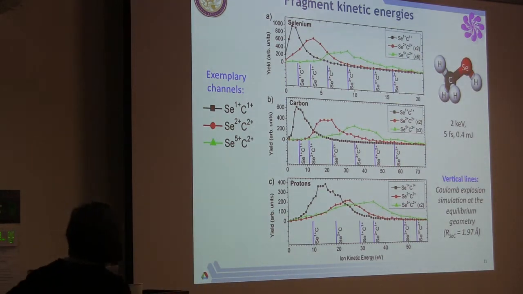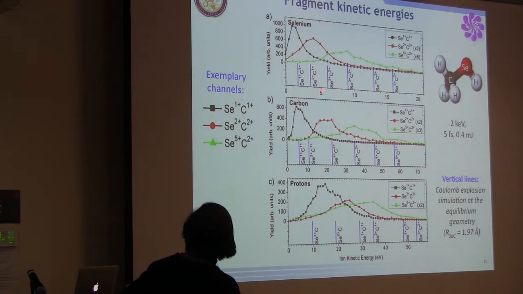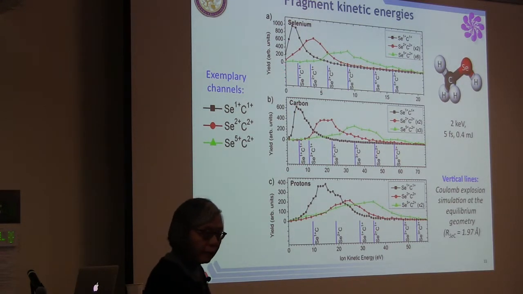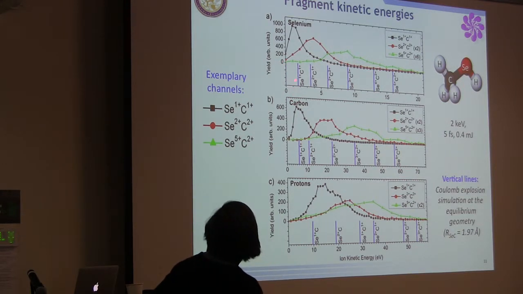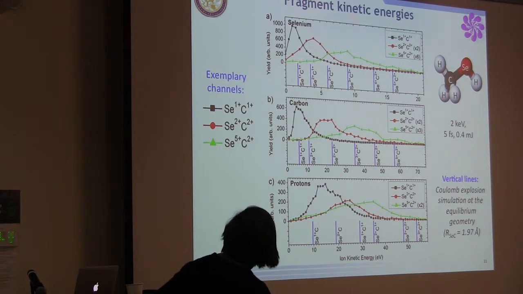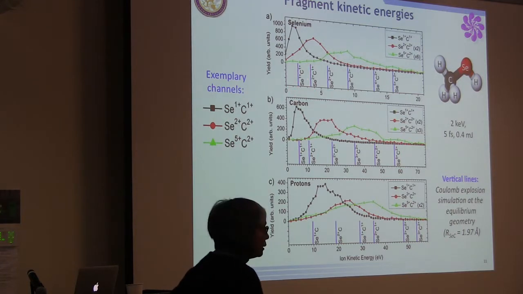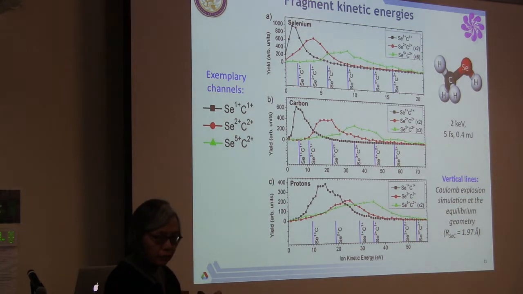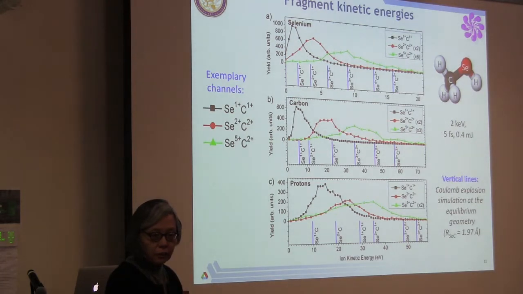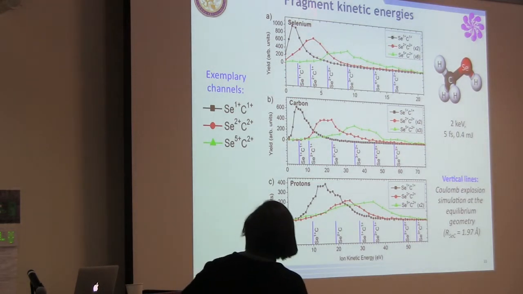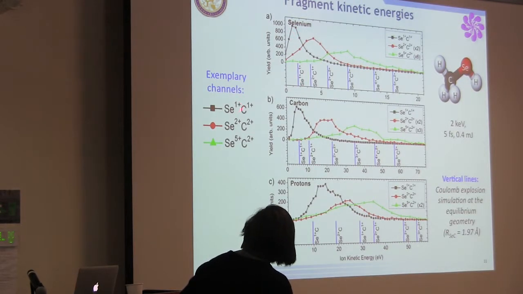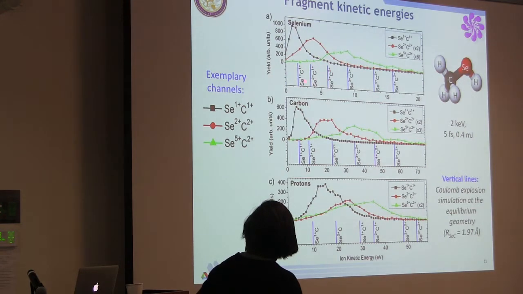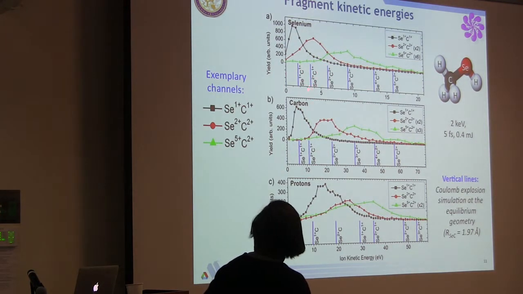Okay, so if you take a look, these sticks down here represent the ion kinetic energy for these different channels, and these sticks represent the kinetic energy release from the equilibrium position. What you can see is that while it works pretty well for this channel, selenium 1 plus, carbon 1 plus, when you get out to these other channels, these equilibrium kinetic energies differ.